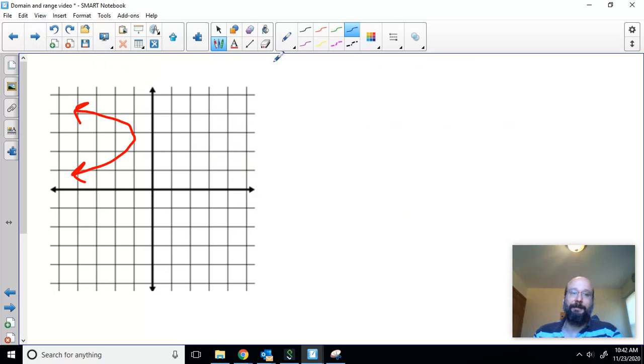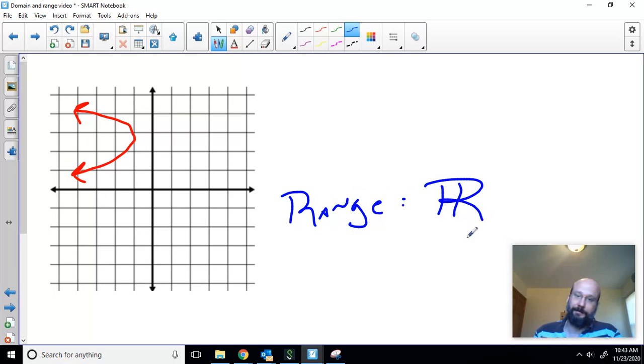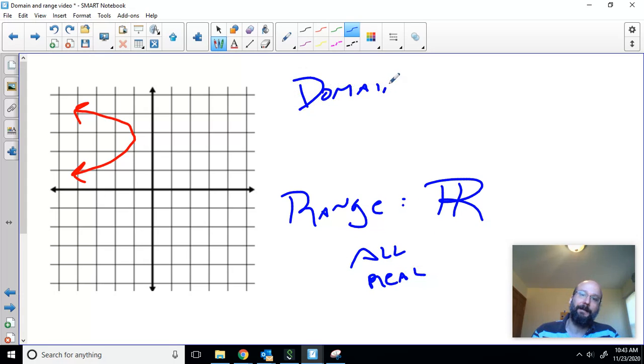So again, the first thing I'm going to do is look to see where my arrows are going. My arrows are going up and to the left and down and to the left. So if they're going up and down, that means my range is all real numbers. I'm going to use this symbol for all real numbers. My domain, I have a distinct domain, right?